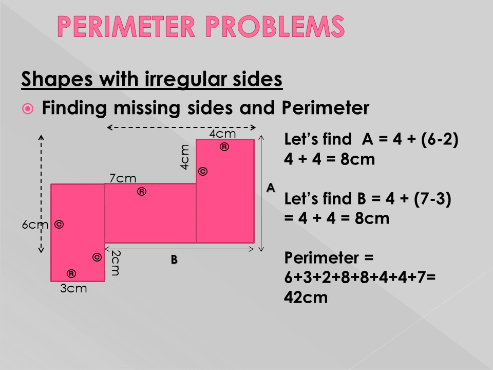That's for only rectangle B. We are looking for the remaining one. We already know that the one for rectangle A at the bottom is 4 centimeter. So how do we find the remaining one at the bottom? Since the top line is 7 centimeter, what are we going to minus? How are we going to know what to minus?